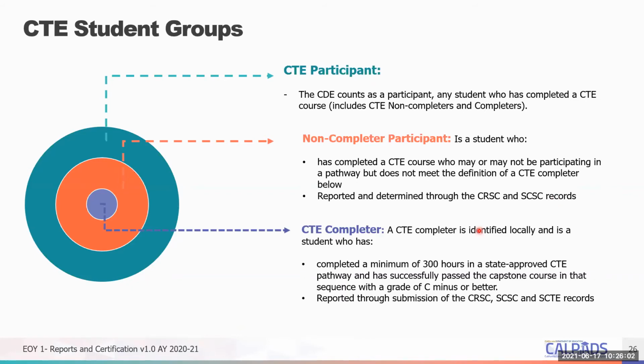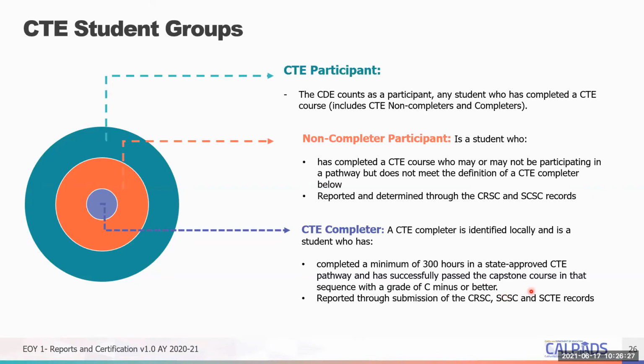A completer, on the other hand, is someone who completed the CTE pathway. The key element here is that they completed the capstone course with a C minus or better. The capstone course state course code is determined through the CRSC, and the C minus grade is determined through the SCSC.